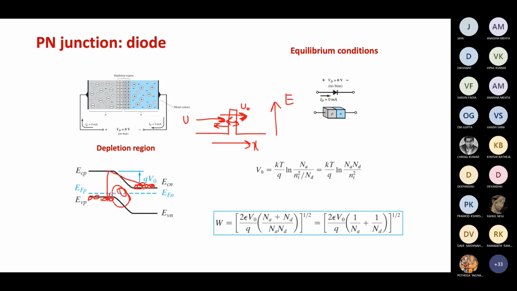So this inside gap is like a barrier. But because of the quantum mechanical nature of electrons, if this barrier is not too thick, then electrons from ECN can go to EVP when ECN is below EVP. That is known as quantum tunneling in diodes.